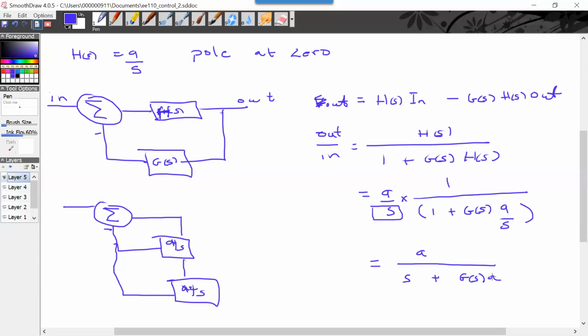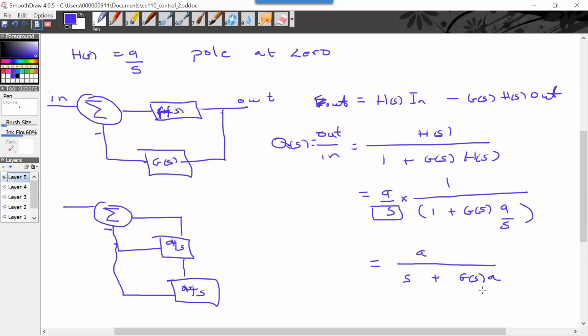So now I have a new thing, which people call Q of s, because it's new. It might get hard to follow if everything was called H of s. But this is still a transfer function; we're just giving it a different name.